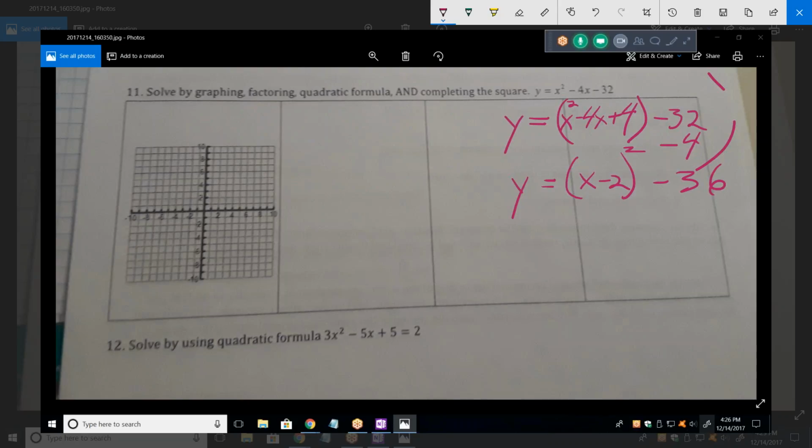Go ahead. It's at 2, negative 36. Okay, interesting that they gave us a graph that didn't go down there. What's going on here? All right. Well, so the vertex is, we'll just call this the vertex.